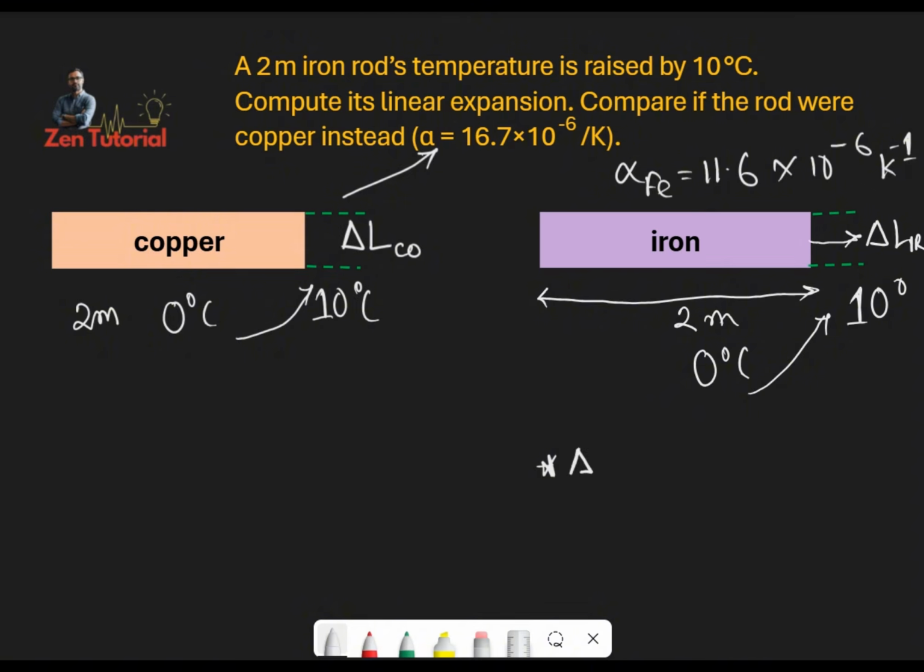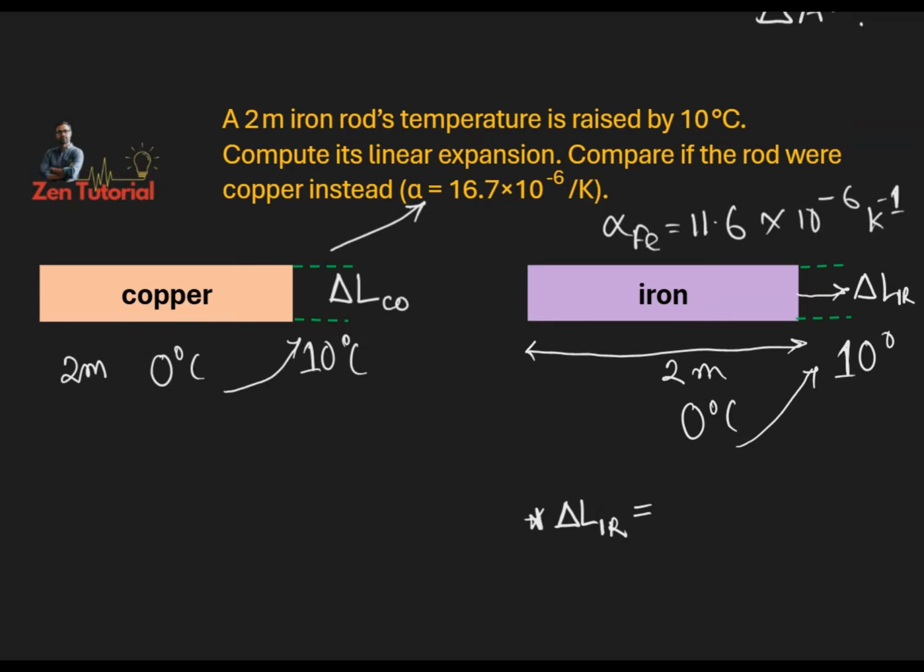So del L of iron is equal to, the fundamental formula, L alpha del T. Let's plug in all the values.